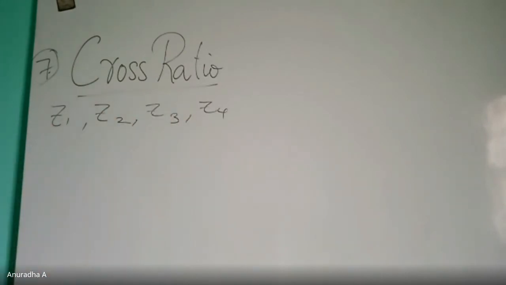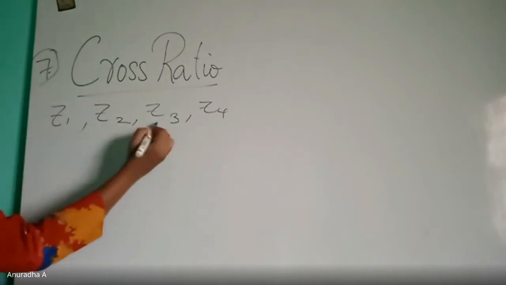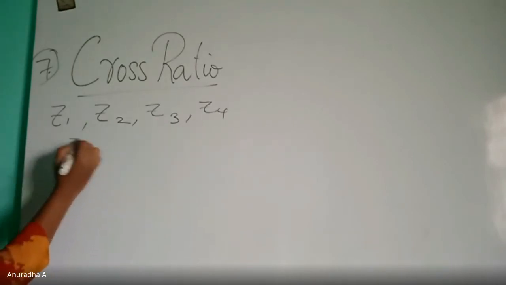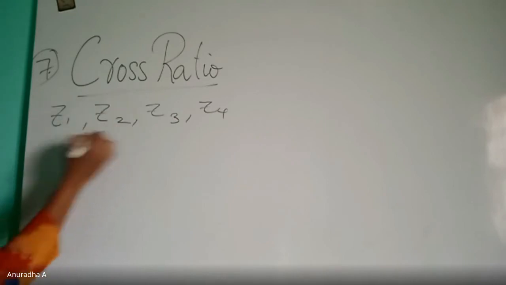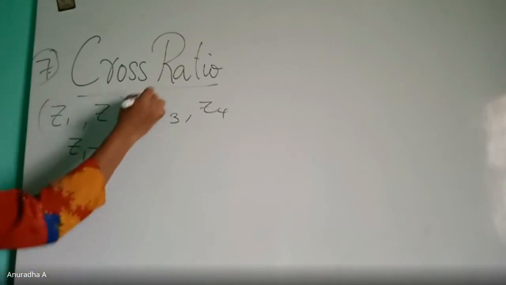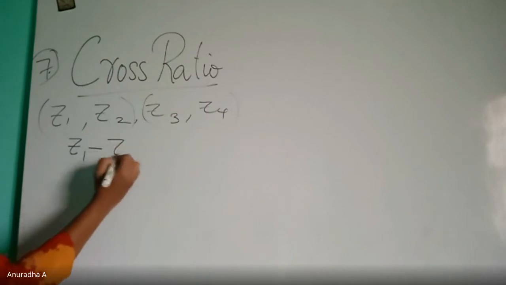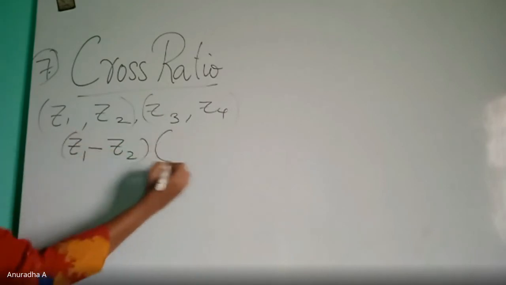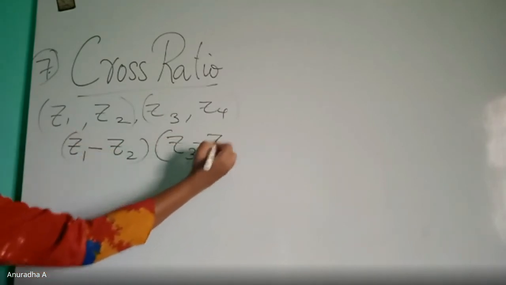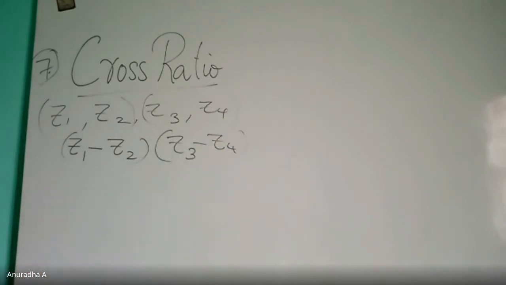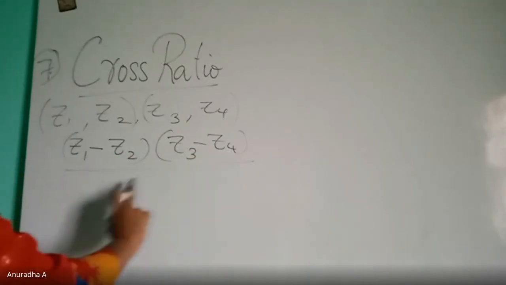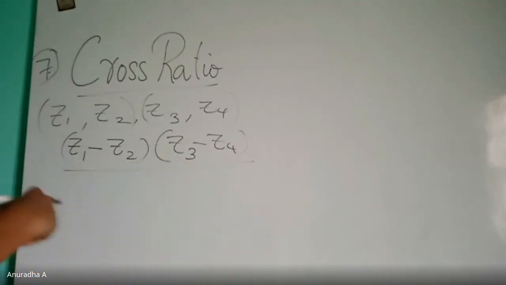Then we can find a relation between them. So how we have to do it is just to group them like this. First, Z1 minus Z2 into Z3 minus Z4. That's the numerator part. For the denominator, you keep the second terms as such, and the first terms you interchange.